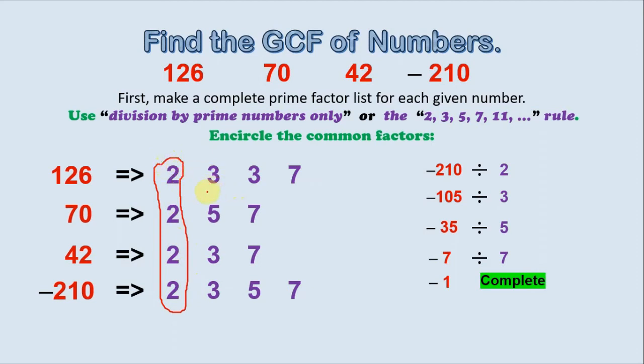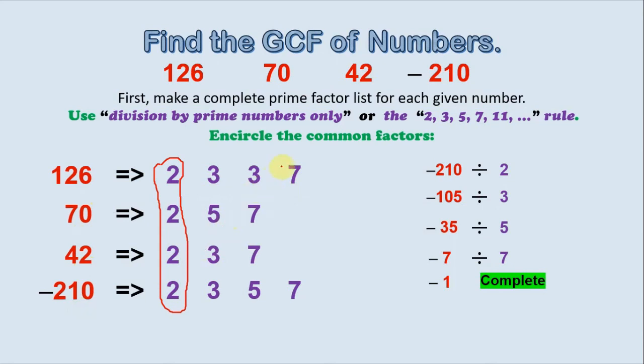Three cannot be a common factor since it is not present for number 70, so we skip 3. Similarly, we skip 5 since it is not a factor of 126 and 42. 7 is a common factor since it appears for all numbers 126, 70, 42, and negative 210.